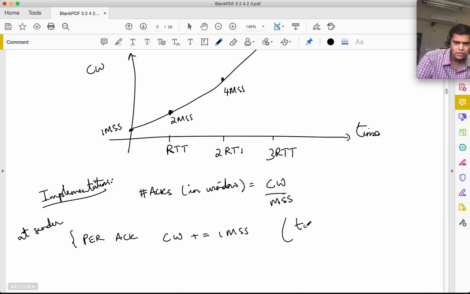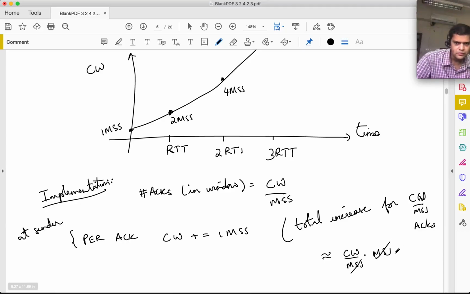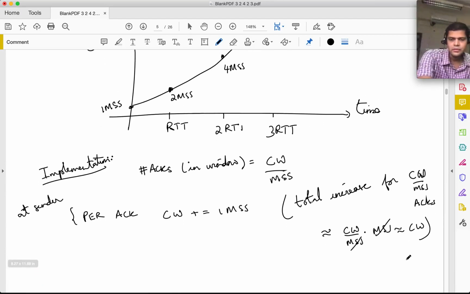Okay, so that the total increase for this many ACKs is how much? So we're getting this many ACKs and we are increasing the window size by MSS for each one of them. So roughly we are increasing the window size by the window size itself. So effectively we will be doubling the window size.